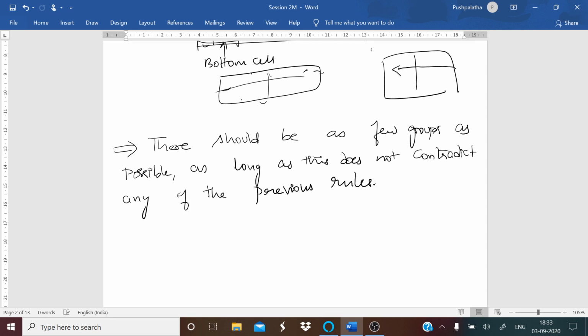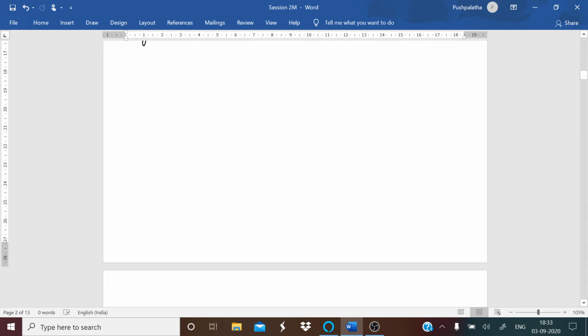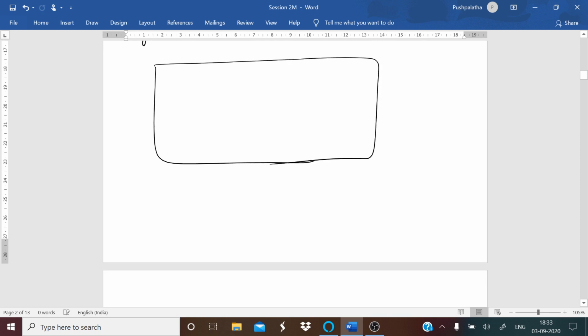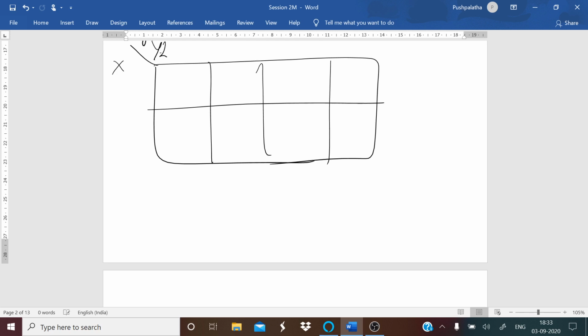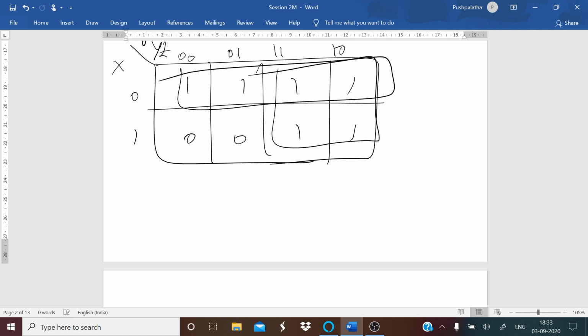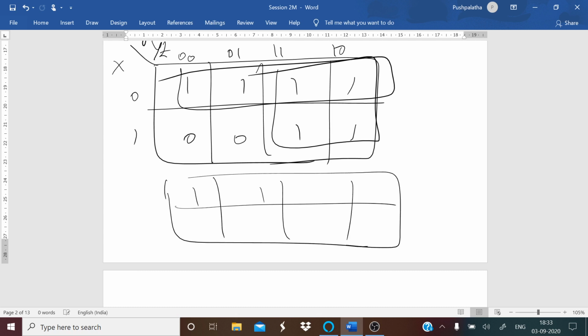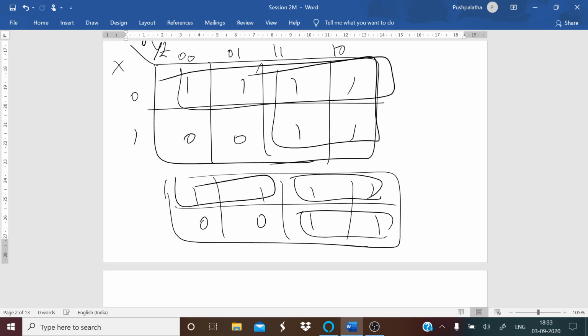Okay, now what we mean by this is, for example, let us take x, y, z, 0, 0, 0, 1, 1, 1, 1, 0, and 1. You have 1, 1, 1, 1, 0, 0, 1, 1. You are going to make this as one group and this as one group. Overlapping is okay. And as we said in the earlier example, the same example we had given earlier, 1, 1, 0, 0, 1, 1. This does not follow the rule.